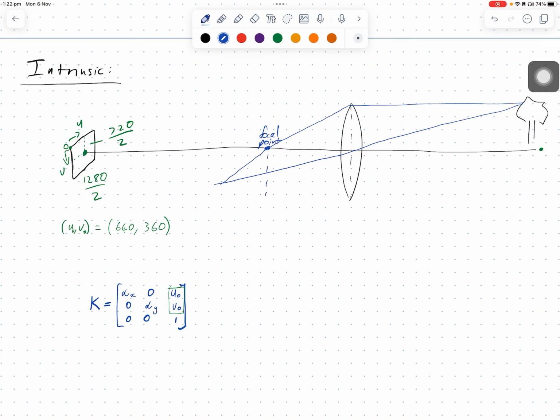And this distance from the lens is the focal length. We call that f, for obvious reasons.